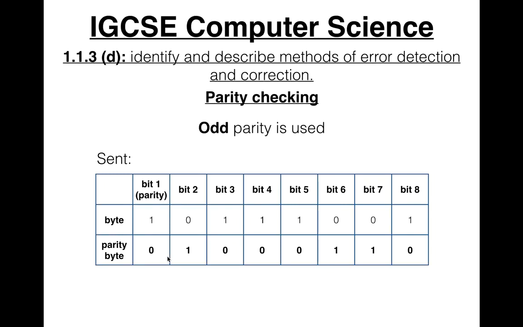But this is vertical, so it basically counts each bit column. So, for example, odd parity is being used here, so if there was 1 here, this could be 0. If there was 0 here, this would have to be 1, and so on, to get odd parity, or an odd number of 1 bits.